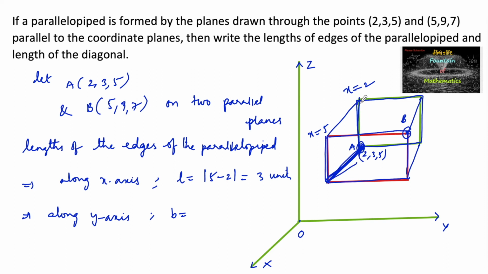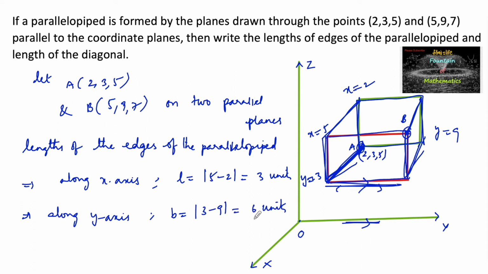Take the plane whose y coordinate is 3, and the plane passing through the point B whose y coordinate is 9. The difference between them along the y-axis is mod of 3 minus 9, or 9 minus 3, so we get 6 units.